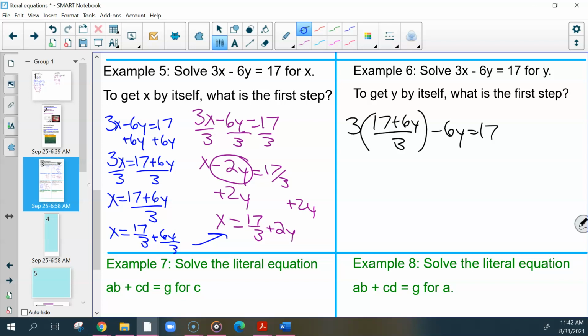I would say it matters to an extent, depending on what it is asking you to solve for. If it is asking to get x by itself and you solve for y and end up with y by itself, you haven't done what they asked.